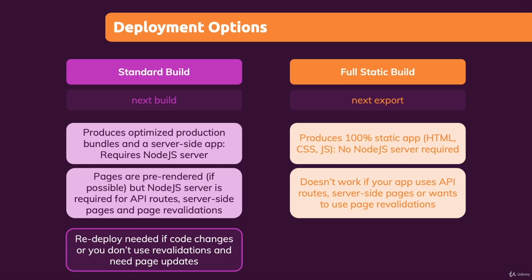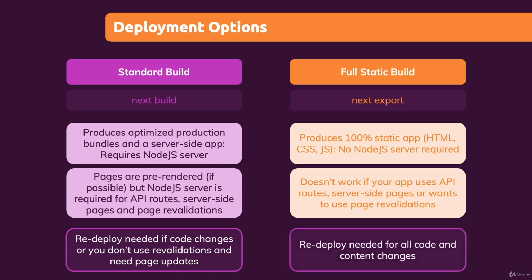Now, when building a page with next export, you have to be aware of the fact that that means that you need to redeploy your application whenever your code changes, but also whenever any content changes. Since you can't use page revalidations and fallbacks and so on, you need to redeploy whenever any content changed, because you'll need to export your application again.